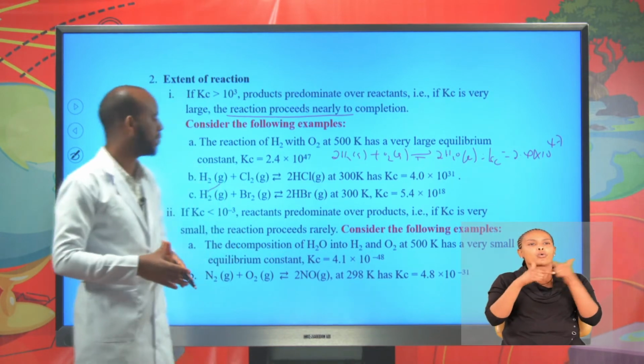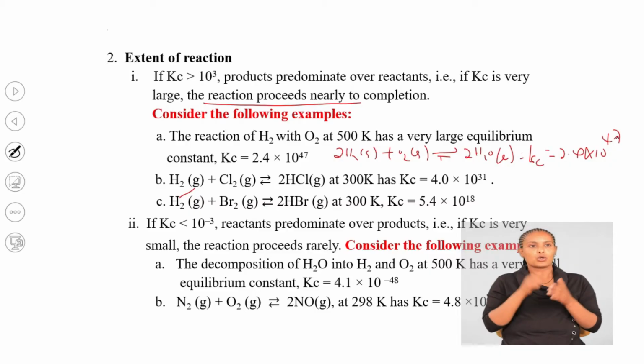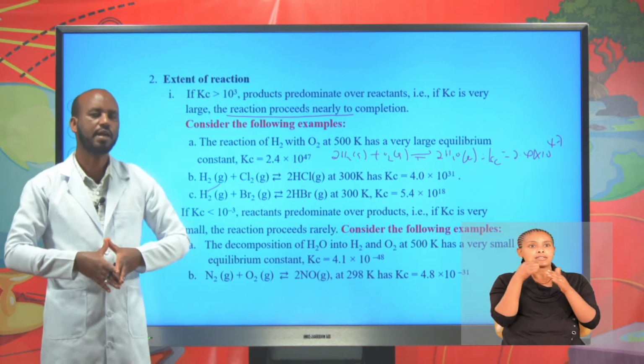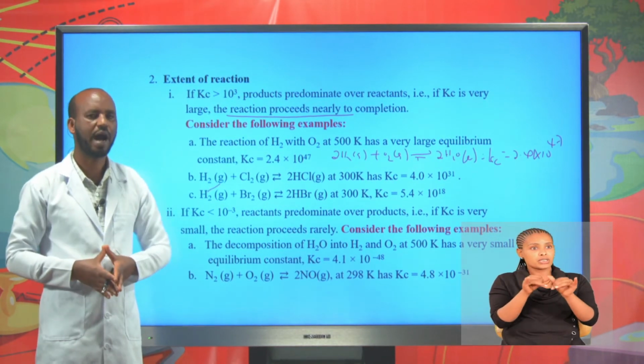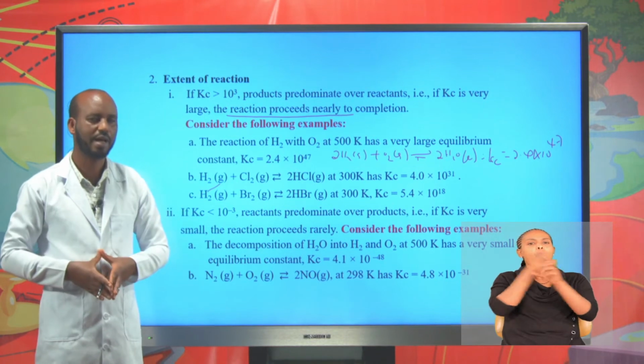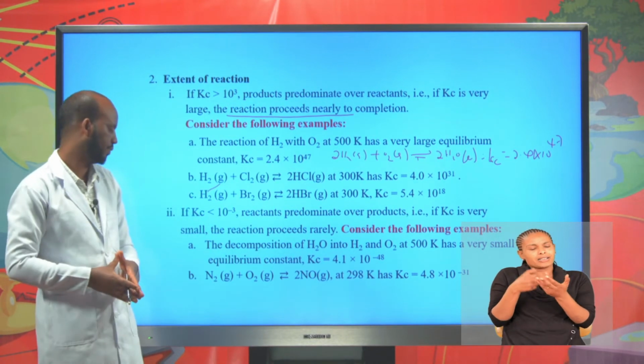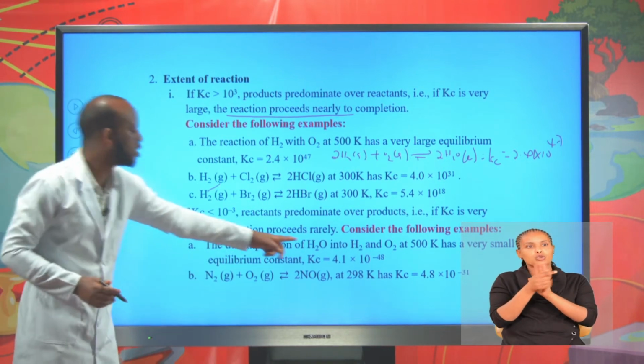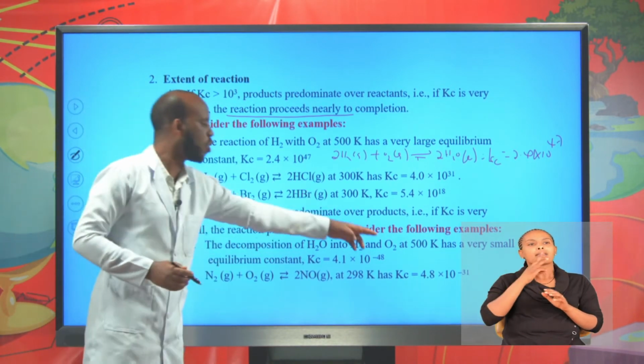2. If Kc is less than 10^-3, or if Kc is very small, then the reaction proceeds hardly to completion, rarely to completion. You can take as an example the decomposition of water into hydrogen and oxygen.